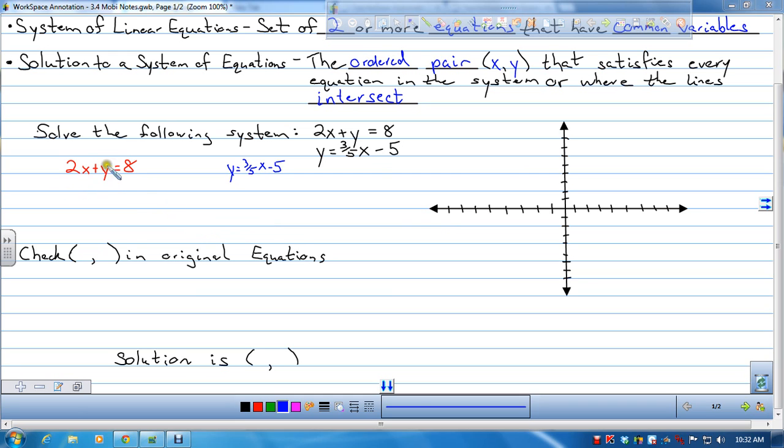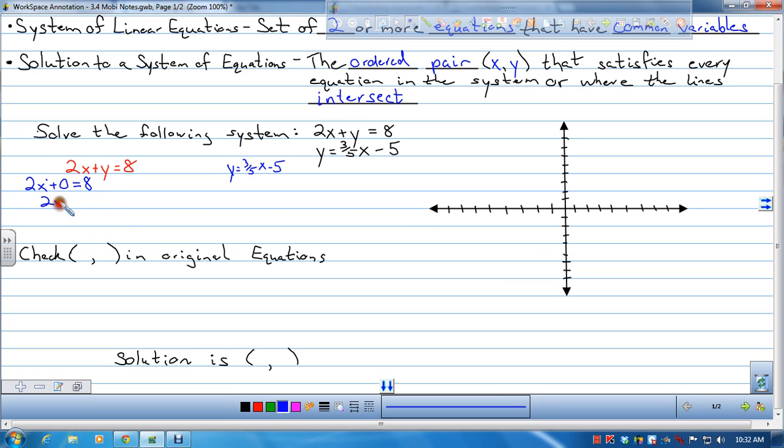This one is in standard form, and both of my coefficients go in evenly to my 8. So the easiest way to go about this would be to find my two intercepts. Let's plug in 0 for y first. So 2x plus 0 equals 8.